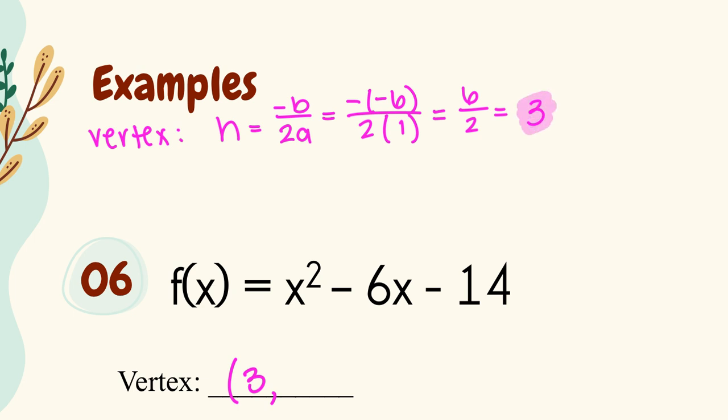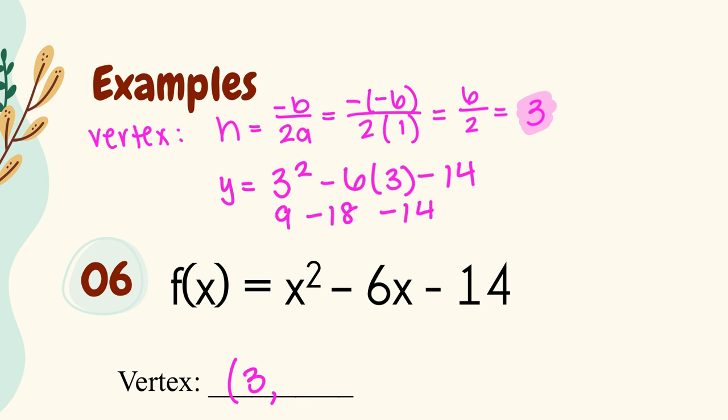Now I have to find my y. In order for me to find my y, all I have to do is plug in my x as 3. So plug in 3 for x. So solving for y, I'm going to have 3 squared minus 6 times 3 minus 14. 3 squared is going to give me 9 minus 18 minus 14.